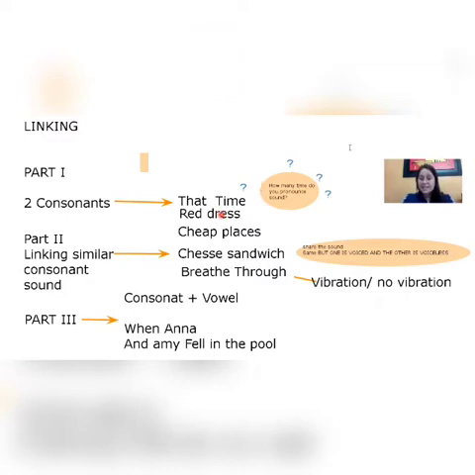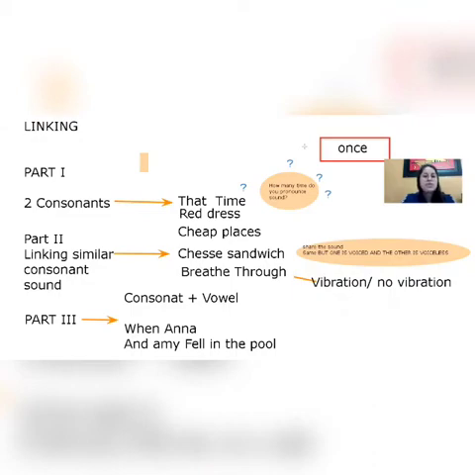I say it's only once because you have two words, but only one sound. "Red dress": two words, one time, linking the two words. "Cheap place": I don't say it twice. No, you have one linking, okay? So the answer for this question is once.